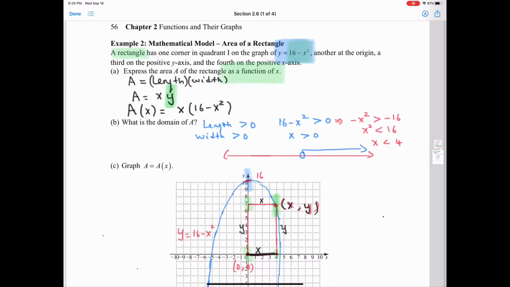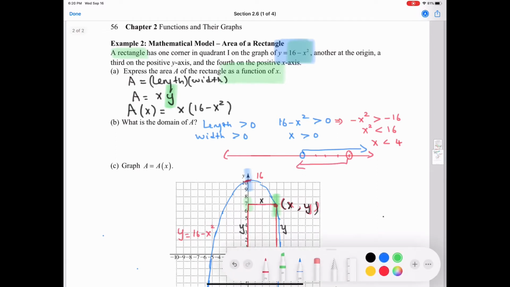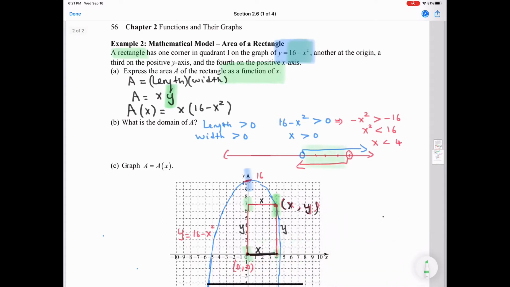Again, we don't want the negative 4. So x is less than 4. If this is 0, 1, 2, 3, 4, that is 4. x has to be less than 4.